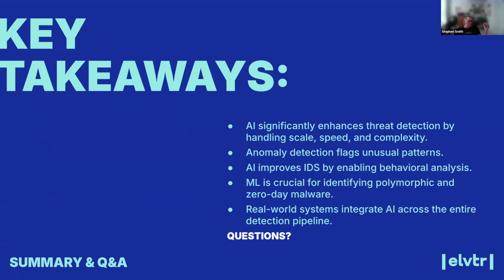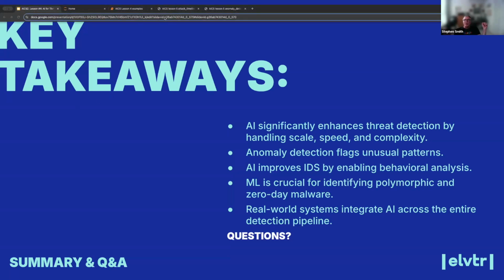AI improves IDS as opposed to signature based. It becomes behavioral. ML is crucial for identifying polymorphic and 0-day malware, right? Because you can change the signature, but the behavior is similar, and it gets clustered in with other things that are known as malware, and it gets identified. And real world systems integrate AI all across the detection pipeline.